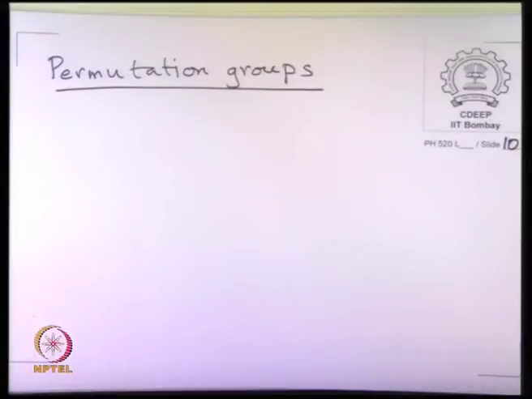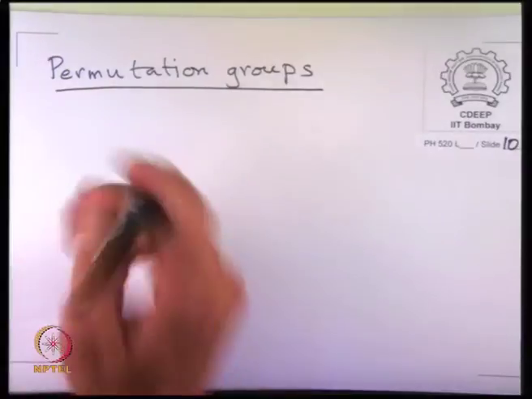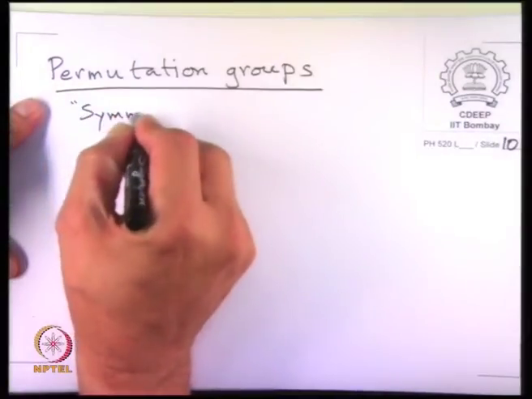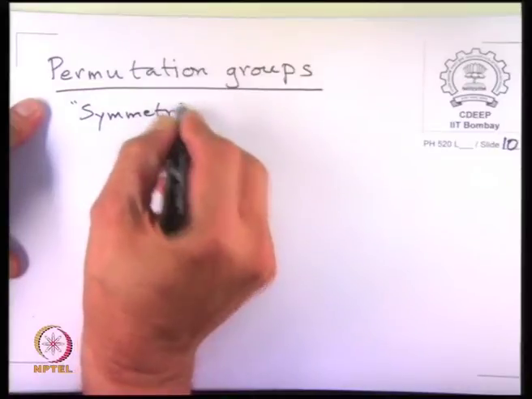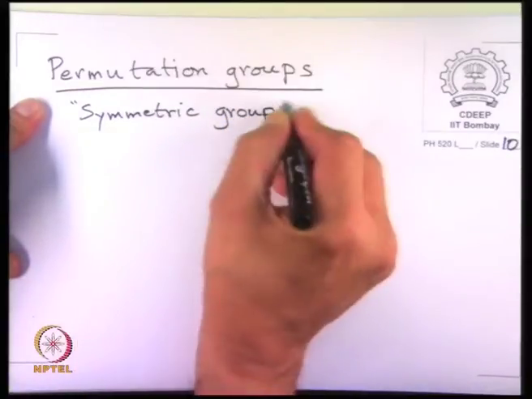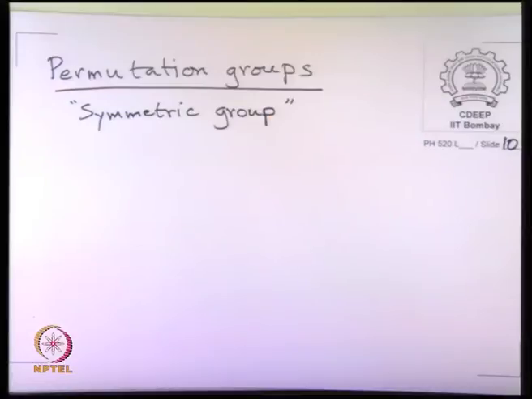Sometimes these are also called symmetric groups. We call it Sn. So, a symmetric group, the group of permutations of n objects, is called Sn and will have order n factorial.